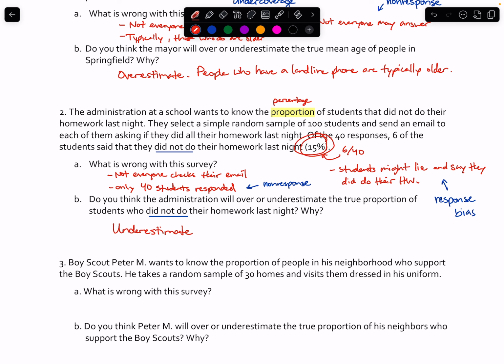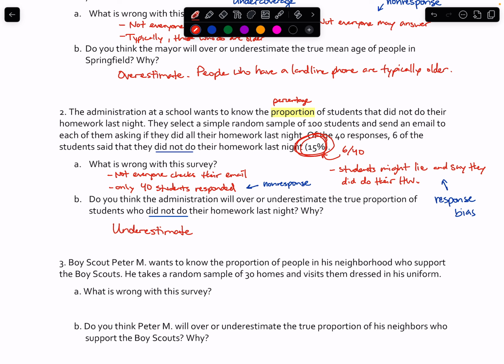This 15% is saying 15% of kids did not do their homework. Yeah, that number's probably a little higher. I'm not saying it's 100% did not do their homework, but it's probably higher than 15. It's probably 30, maybe 50, maybe even 60, 70%. And so the fact that they only got 6 kids who said that they didn't do it, could it have been true? Maybe. But in this case, why did they underestimate this?